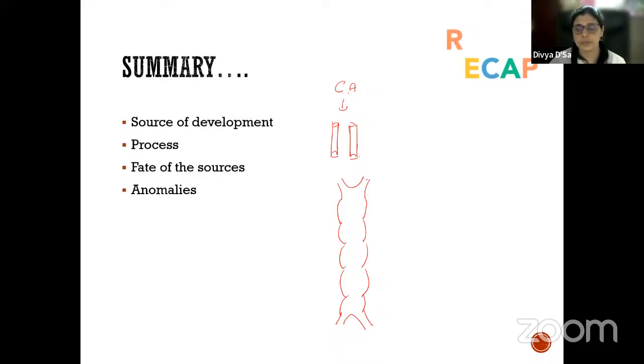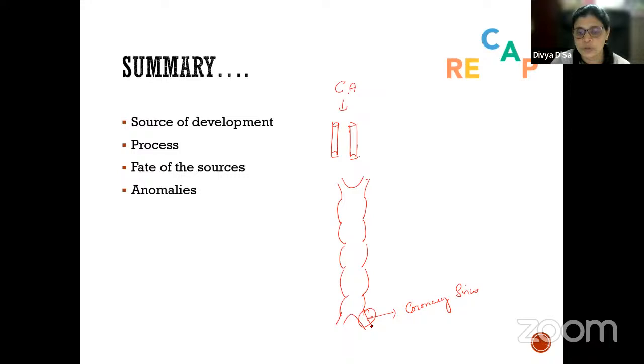So we saw how sinus venosus forms the posterior wall of the heart. One by one, you should know at least what structure formed what. So the left horn of the sinus venosus formed what? Coronary sinus. Okay.